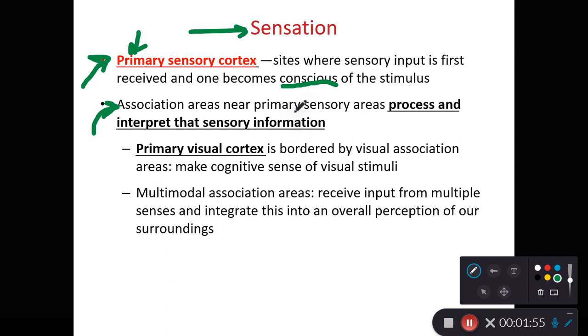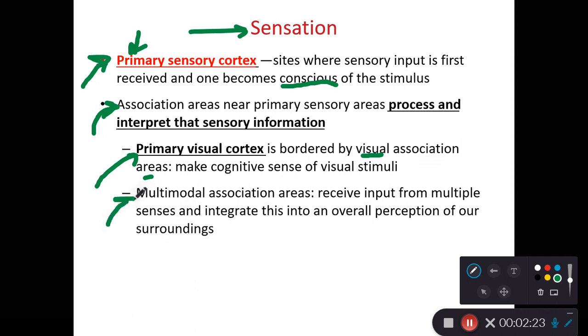You can think of it as kind of like a GPU that's a backup to the CPU within your computer, or a graphics processing unit as a backup to a central processing unit. The primary visual cortex is going to be associated with the visual association areas, and they allow us to make sense of visual stimuli. Notably, this primary visual cortex is within the occipital lobe.